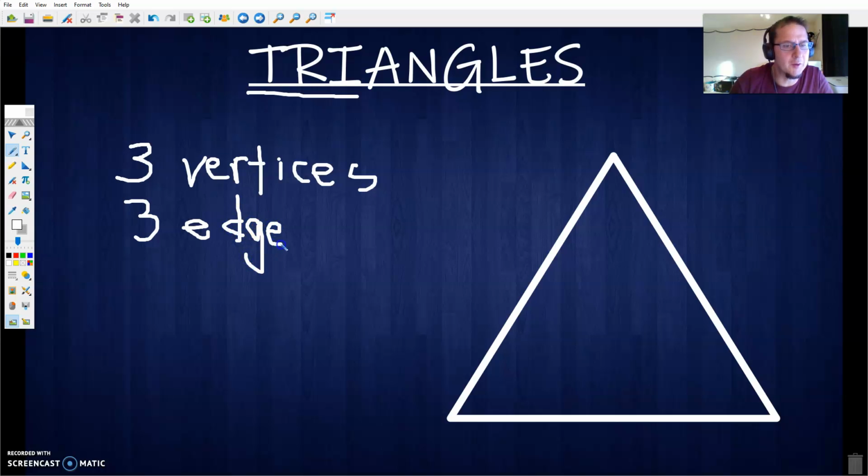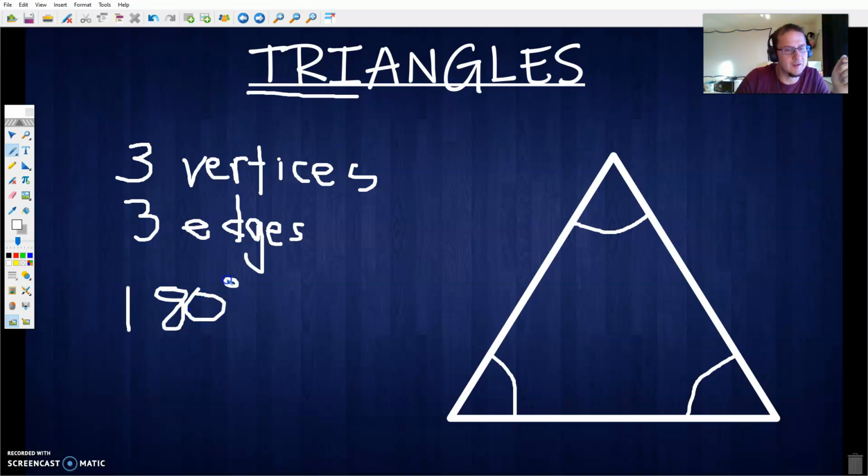We'll get into some more specifics about the angles of a triangle a little later. But just know up front, all of the angles of the triangle will add up to 180 degrees. So on an equilateral triangle, which this one is here, meaning all three sides are equal, all three angles are going to be equal as well.